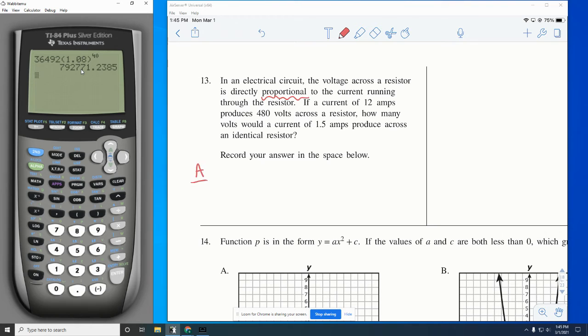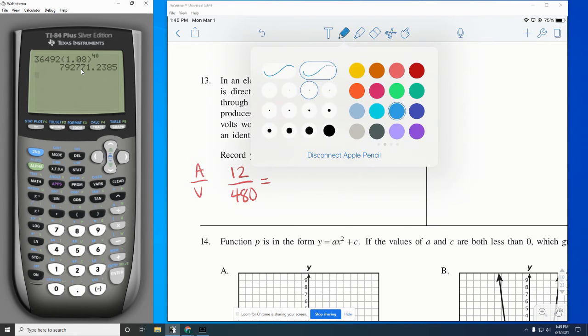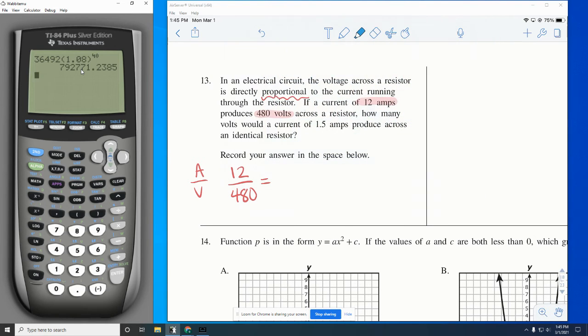So we're talking about amps and we're talking about volts. It does not matter which one goes on top and which one goes on bottom as long as you label them. This part right here tells me 12 amps for 480 volts. Then they want to know how many volts, so we have an unknown volt, for 1.5 amps.